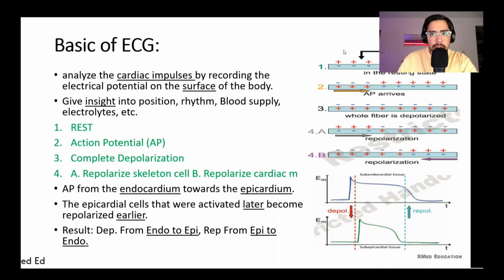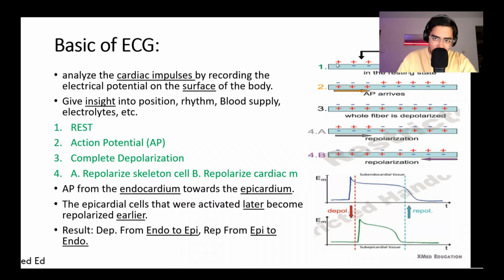So now I'm gonna explain at the cell level. At the cell level we have cells that are in a resting position. As you see, they are in a resting position, nothing happening, but when there is a pulse coming, an action potential starts, depolarization.